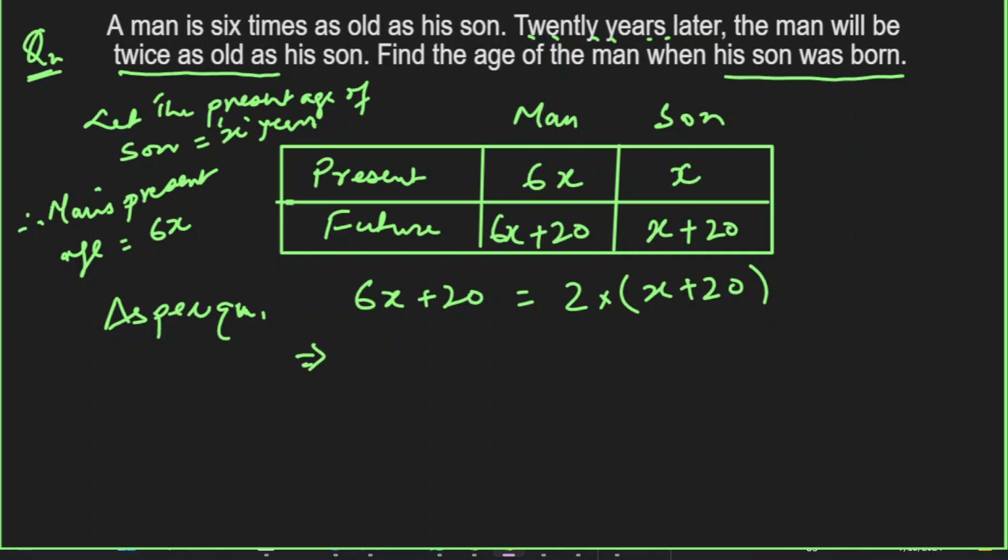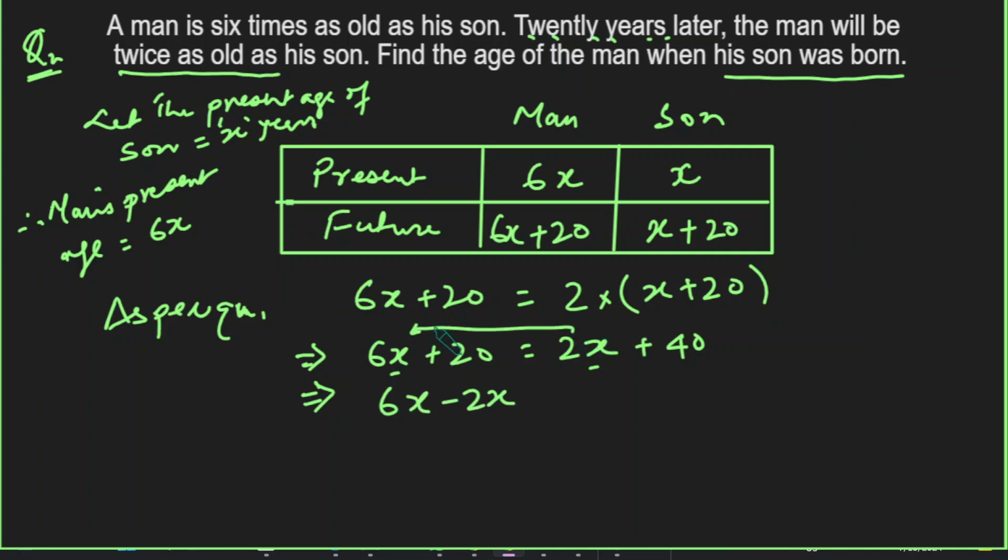Now we have to solve this, and once we solve we get the value of x. It is 2 times x and 2 times 20, that is 40, because we have to distribute this 2 into everything in the bracket. Distributive property, you know that. Now 6x and 2x we have to bring together, so it will be 6x minus 2x.